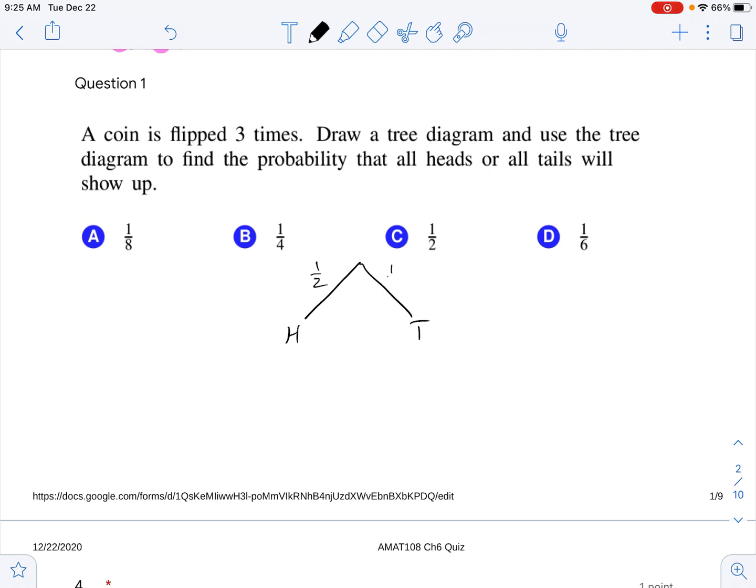And the probability of each is 1/2. I'll just notate that for the first flip. On the second flip, we could get heads or tails. And on the last flip, we could get heads or tails.